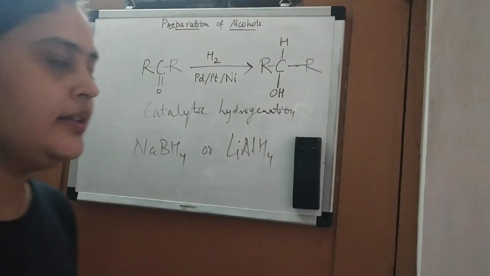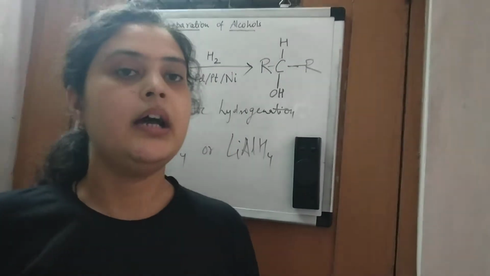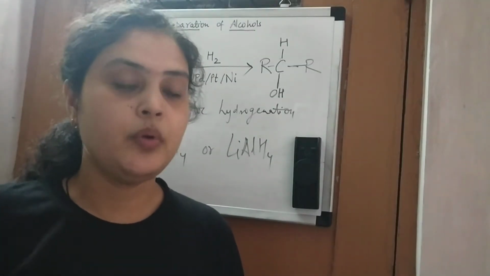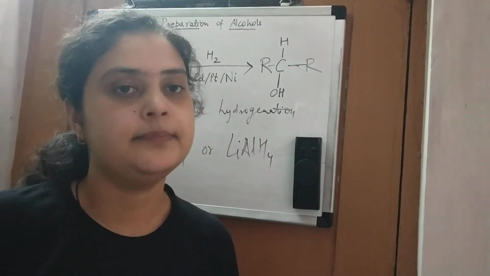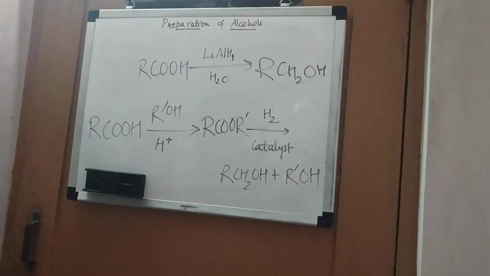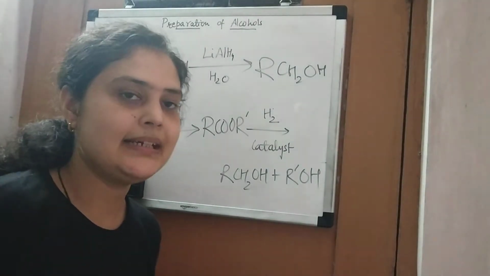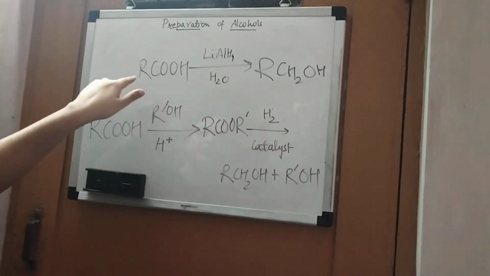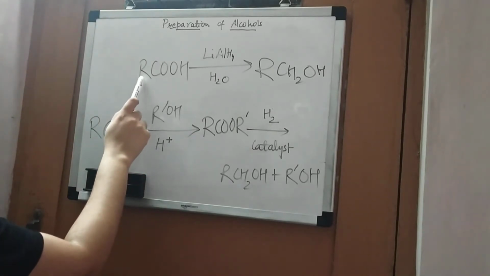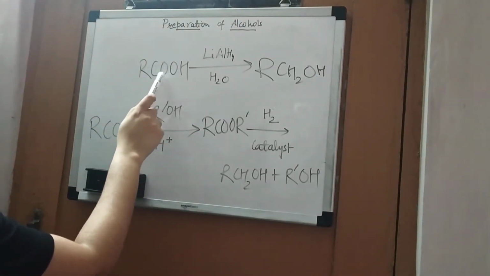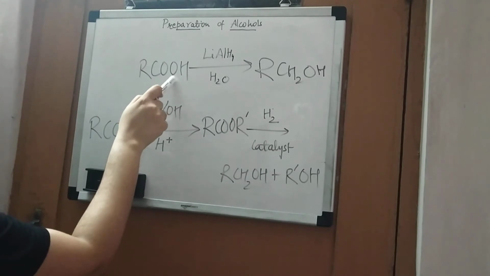Now we'll study the preparation of alcohols from carboxylic acid and ester. Now we'll see how we produce alcohol from carboxylic acid. So this is the carboxylic acid here. This is R, C double bond O and OH.